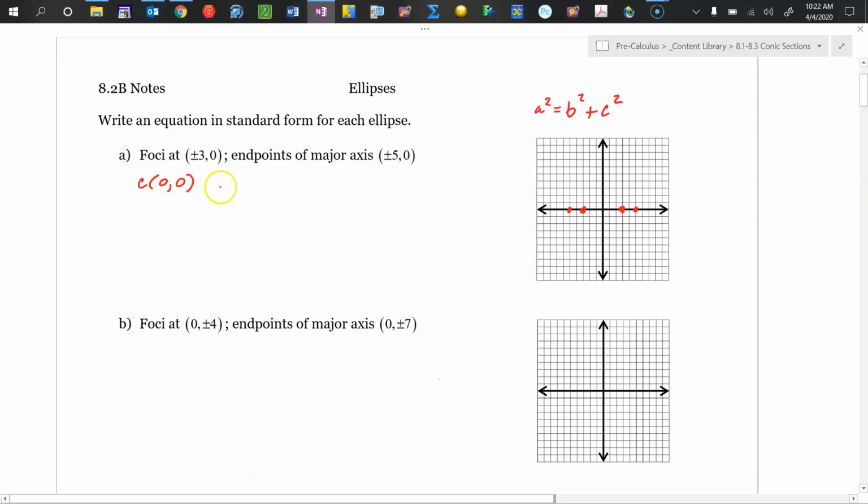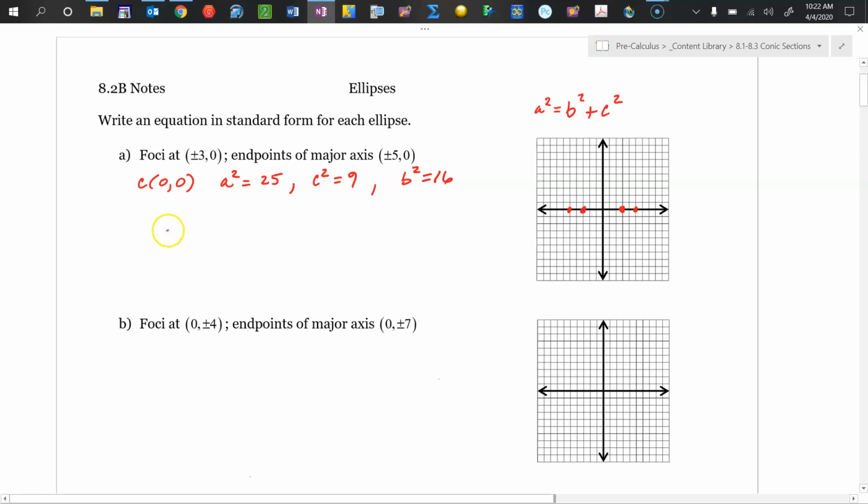We know that a squared is equal to 25 because a is 5. We know that c squared is equal to 9 because c is equal to 3. And from this, we can find b squared, which would be 25 minus 9, is equal to 16.